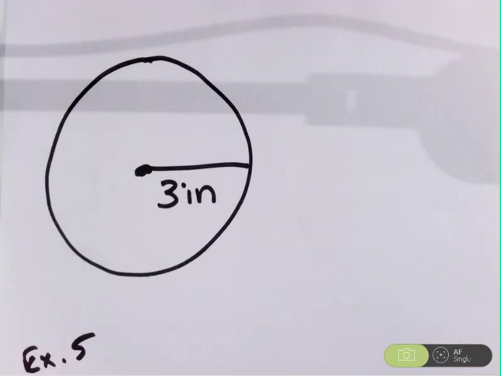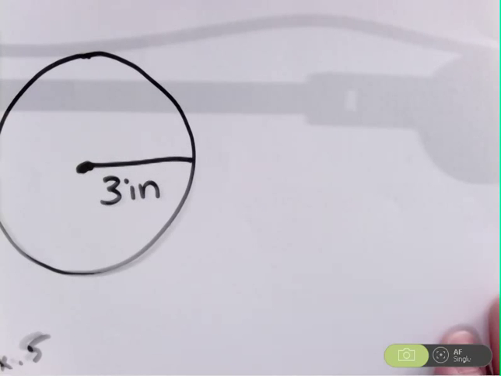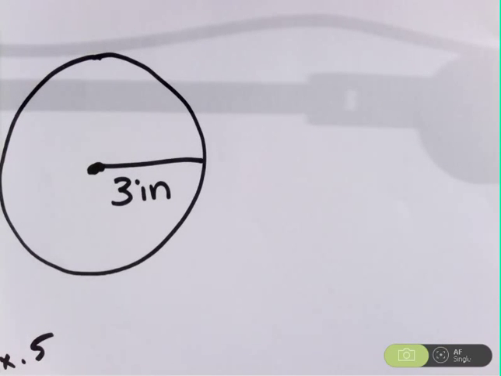Another type of shape that you're going to see is going to be circles. These have a little different rule to them. We have this special character that relates the diameter or radius of a circle with its circumference and area.